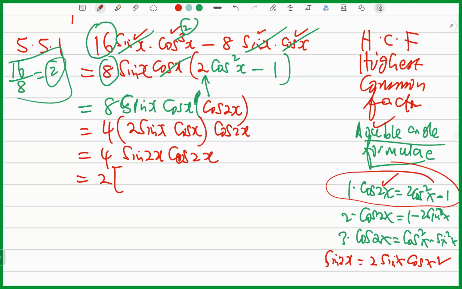For example, here we just had sine, cosine. And this is only one identity that is sine, cosine. It is the sine 2x identity, because sine 2x is 2 sine x cosine x. So if we have sine x cosine x, then we factor out the 8 because sine x cosine x must go with a 2.